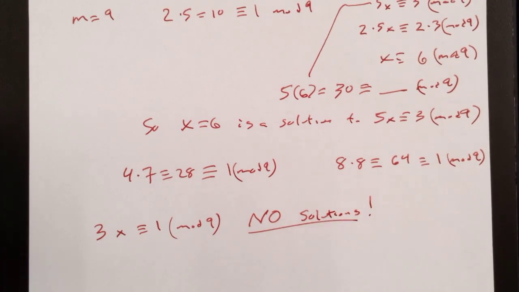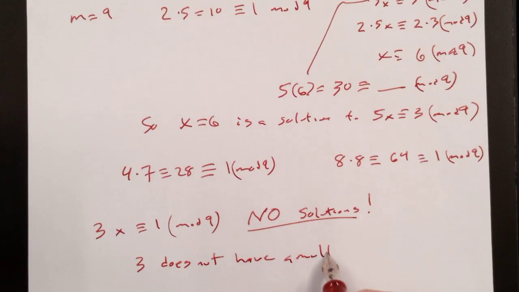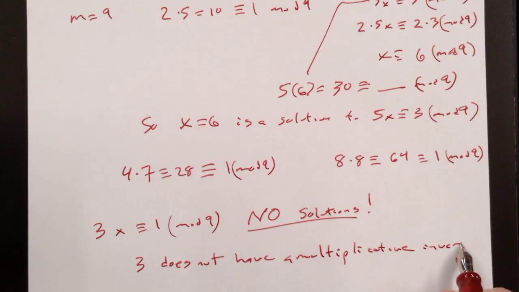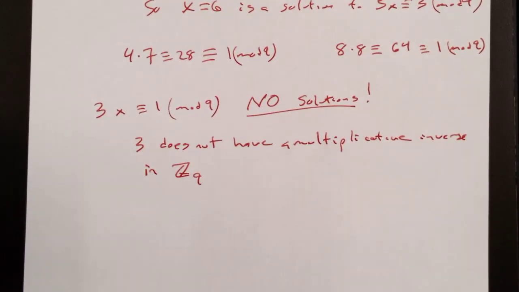Three does not have a multiplicative inverse, mod 9. Neither does 6. Neither does 0.